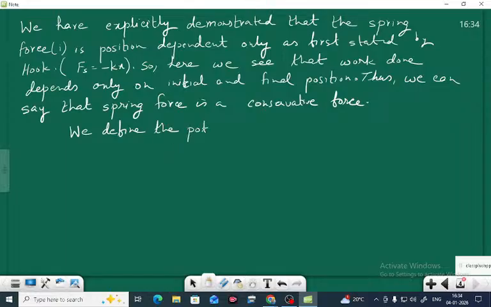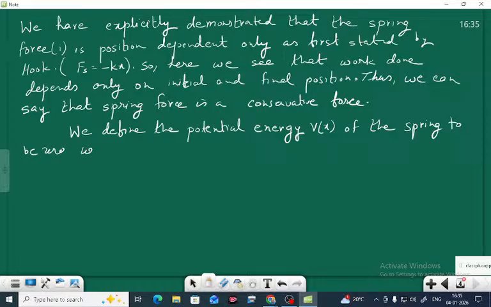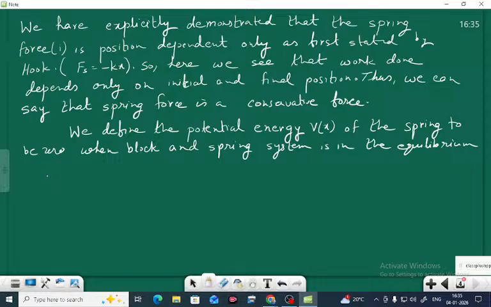We define the potential energy V(x) of the spring to be 0 when the block and spring system is in the equilibrium position. We are defining this one.